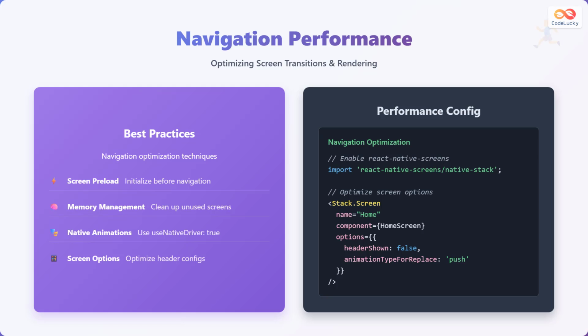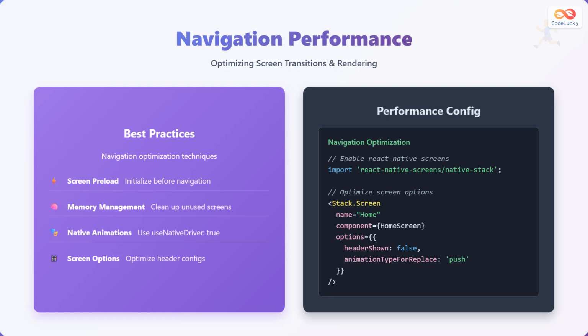Navigation performance significantly impacts user experience, requiring specific optimization strategies for smooth screen transitions. Screen preloading involves initializing upcoming screens before navigation occurs, reducing perceived loading times and improving responsiveness. Memory management becomes critical with multiple screens, requiring proper cleanup of unused screens and components to prevent memory leaks.